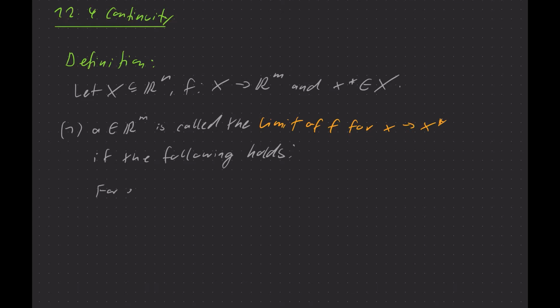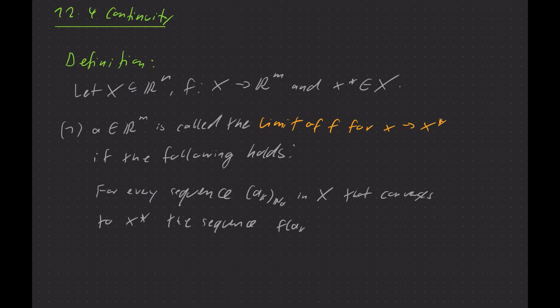Okay, so for every sequence a_k, k in N_0, in X that converges to x star, the sequence of function values, so the sequence defined by f of a_k, k in N_0, that also converges, and it converges to that limit a.